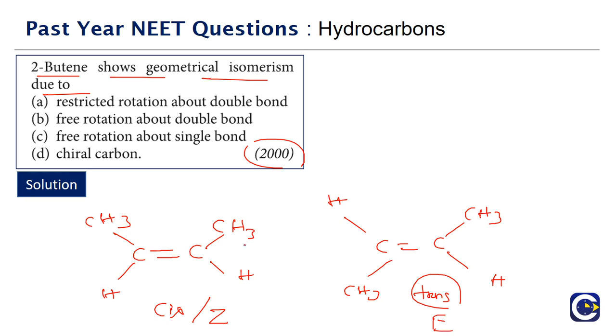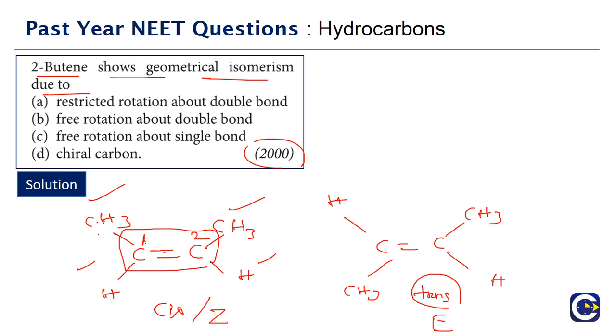The reason we have geometrical isomerism for butene is that we have double bonded carbons, and each of the double bonded carbons has two different groups attached. Looking at carbon 1 and carbon 2, carbon 1 has methyl and hydrogen, different groups. Carbon 2 has methyl and hydrogen, different groups again. So each of the double bond carbons must itself be attached to two different groups.